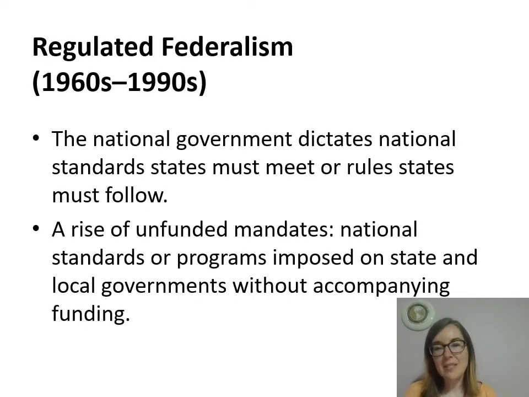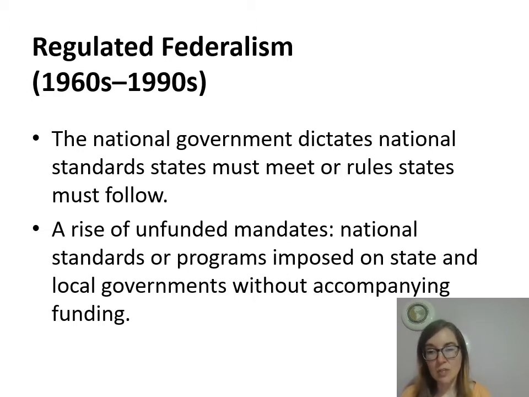By the 1960s, we were heading towards a period that was starting to be described as regulated federalism. So as these grants in aid were expanding, getting larger and larger, they were taking up a larger share of state budgets. One of the big programs that expanded was Medicaid. So this is a health insurance program which is administered by the states but is largely funded by the national government.